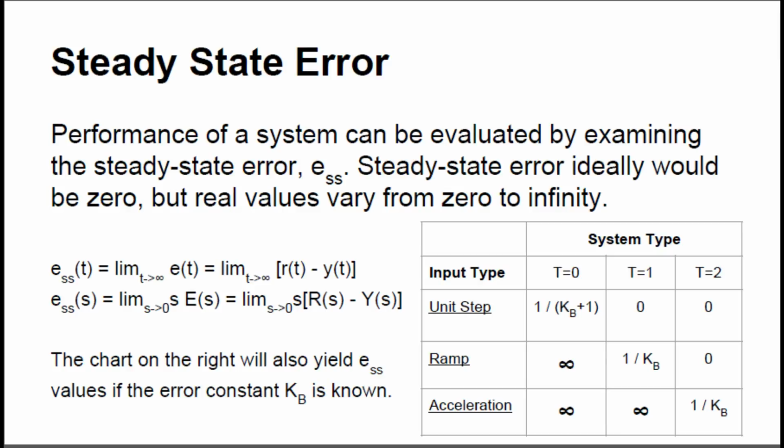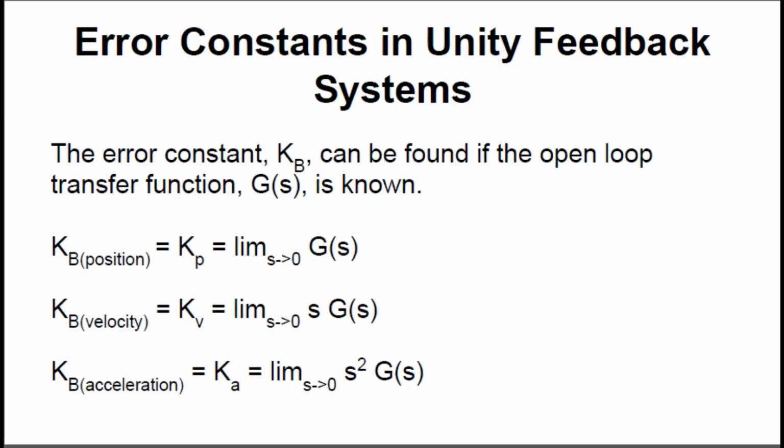Let's move forward to error constants in a unity feedback system. Now, first we'll probably need to address what a unity feedback system is. So let's take a look at our whiteboard for just a moment.